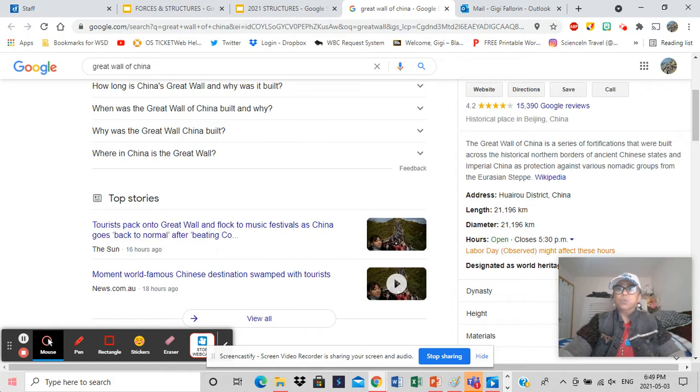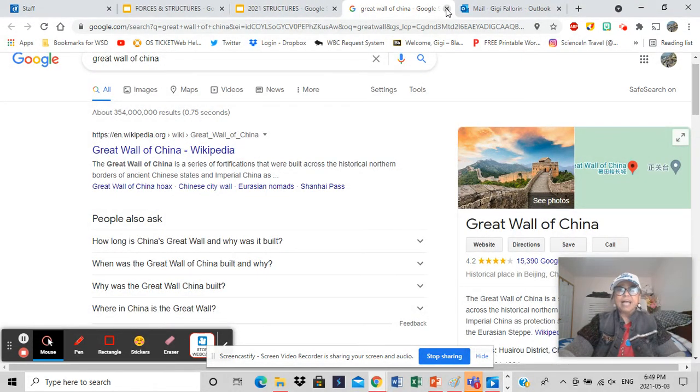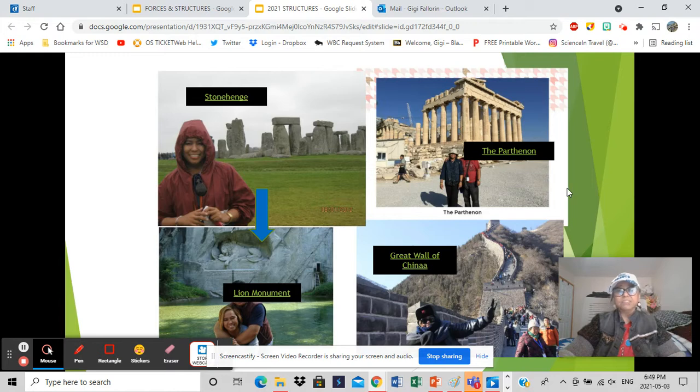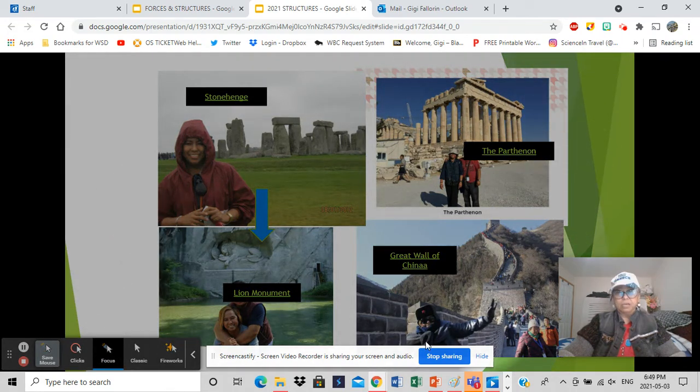It actually acts as a border, or even as a protection against various nomadic groups from the Eurasian steppe, it says here. So that's the Great Wall of China. All of these are maybe familiar or classic examples of mass structures.